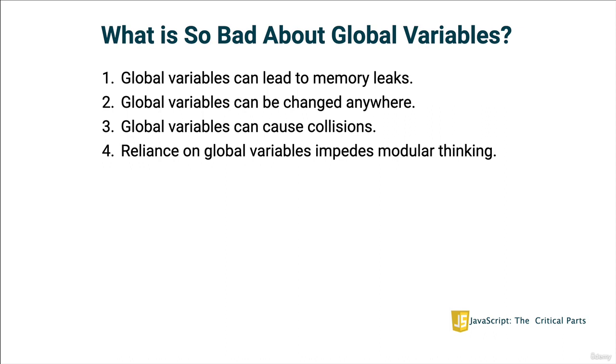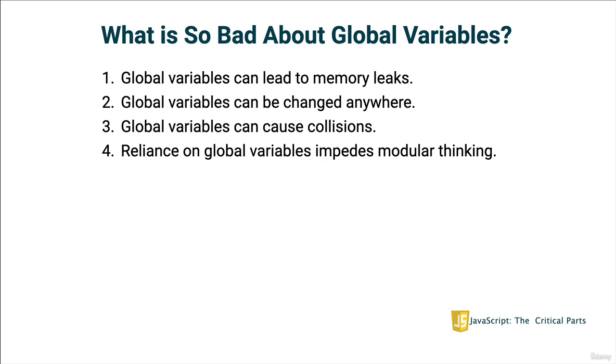And then finally, this is a disadvantage that I think we need to talk about, perhaps one that's not mentioned as often, but when we use global variables, especially as a new programmer, it impedes our modular thinking. We rely on that global variable to solve problems, and we don't think in a sense of modules, of smaller pieces of code, self-contained pieces of code.